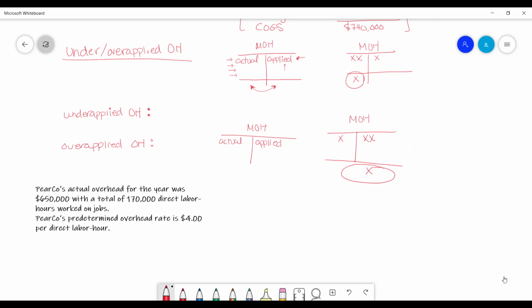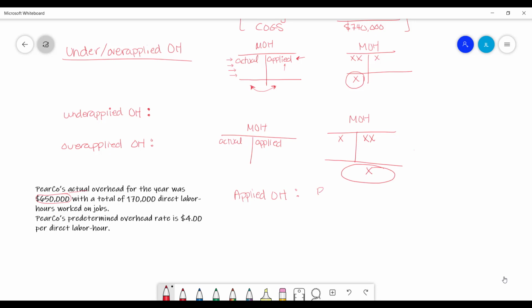Okay, so let's take a look at this parent company example based on what we just talked about. It says parent company's actual overhead for the year was $650 with a total of 170,000 direct labor hours worked on jobs. Parent company's predetermined overhead rate is $4 per direct labor hour. So they give us the actual overhead, but we also want to know what our applied overhead is.